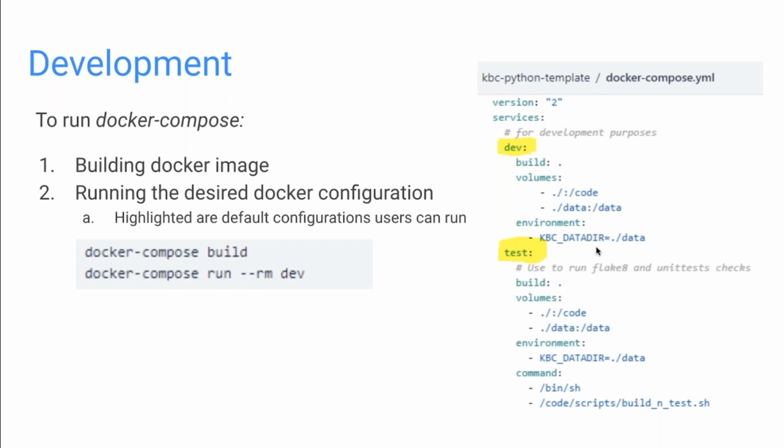Then in the Docker Compose code, you'll be able to tell what's being run. So here, we're simply building and running the code. But in the test service, we're building the code and also testing it, meaning we're going to run the flake8 and unit test checks. So if any of these fail, you had better fix it before you push it to the main branch.